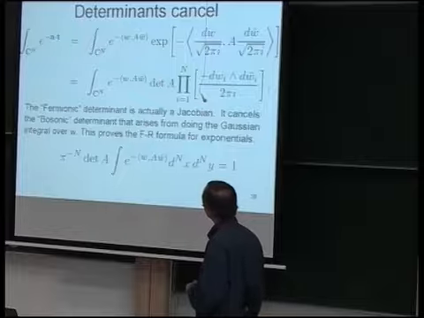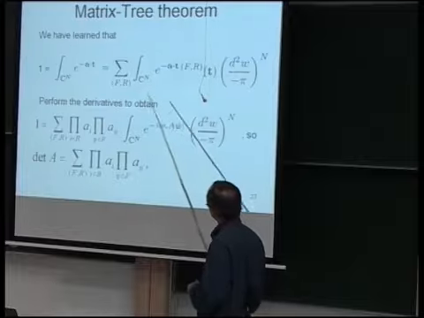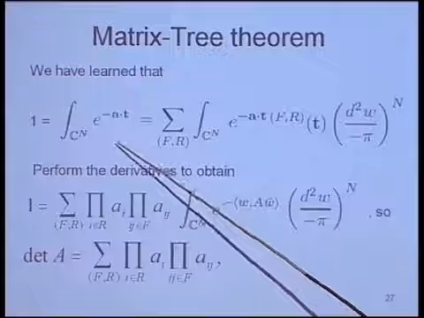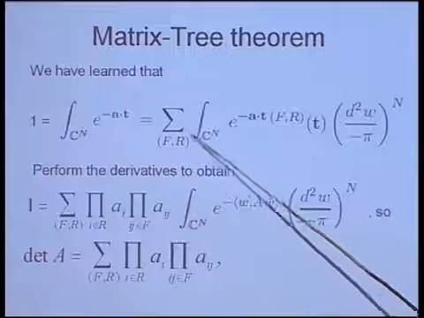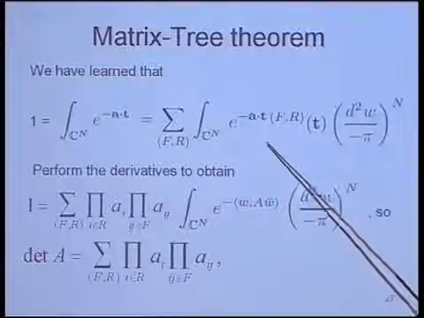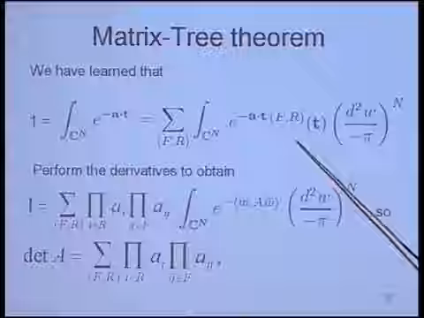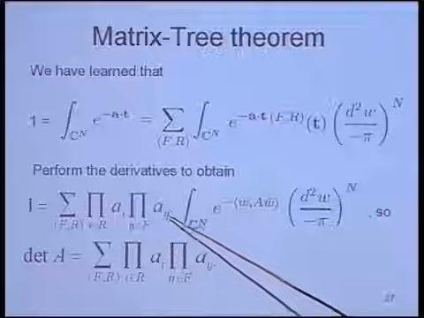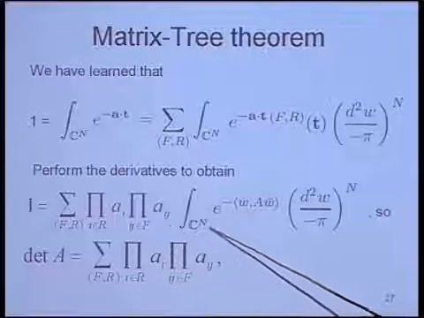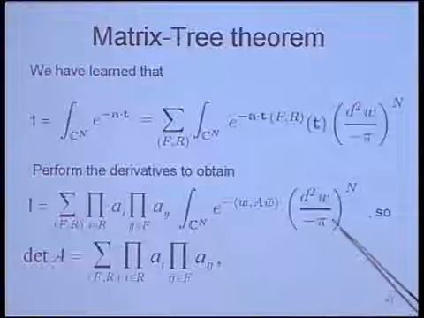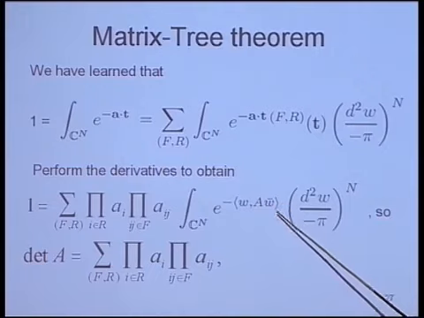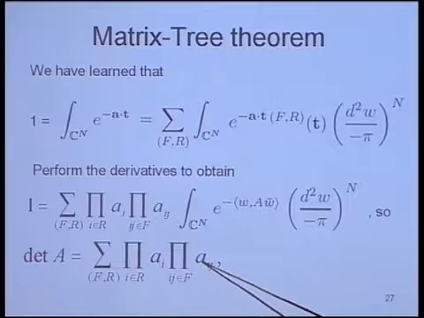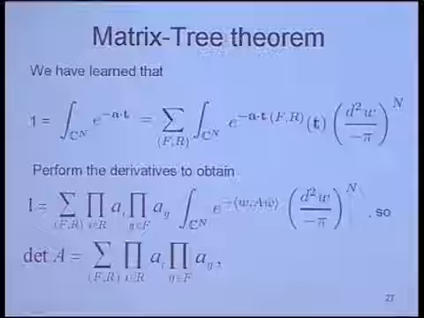So what have we learned? Actually, this connection with the matrix tree theorem: 1 is equal to this integral, which we just evaluated. And if you expand this out using the rules of differential forms, you get a sum over forest roots, as always. And then this integral here, as we know, the bosonic determinant gives you the inverse determinant. Put this on the other side, we get the determinant is the sum over forest roots. So this is the matrix tree formula.